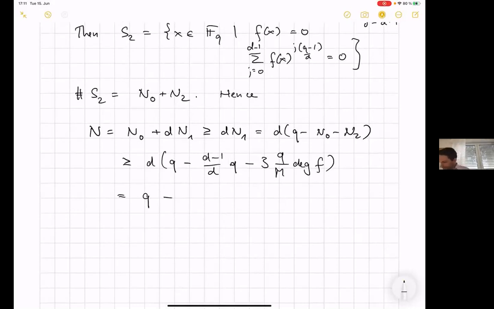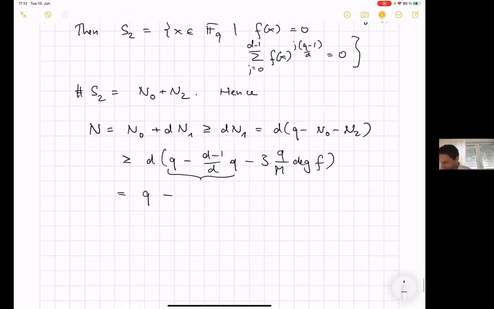See that, this is subtle. So you have d times q minus (d minus 1)/d times q. There's a lot of cancellation in these two terms. What remains is 1 over d times q multiplied by d, which is q, minus 3dq over m times degree f.